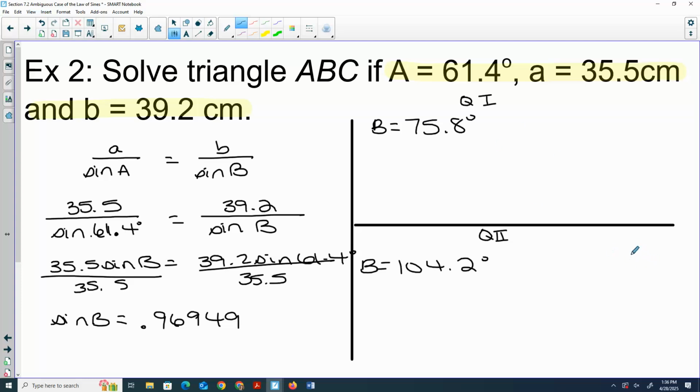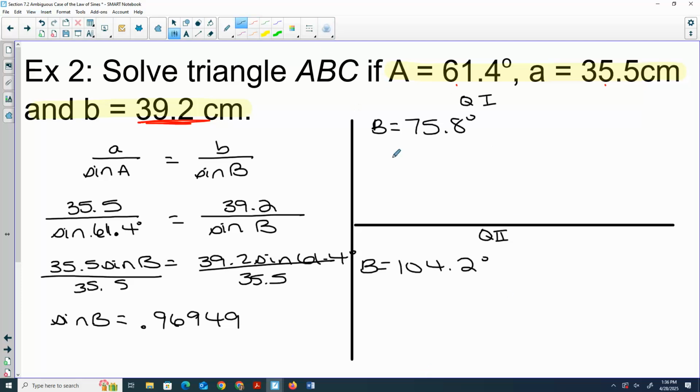All right, this is usually the point that we can check to see if both of these triangles work. All I know right now is side B is bigger than side A. So that means angle B has to be bigger than 61.4 degrees. Are both of these bigger than 61.4? Yes, so they're both possible.